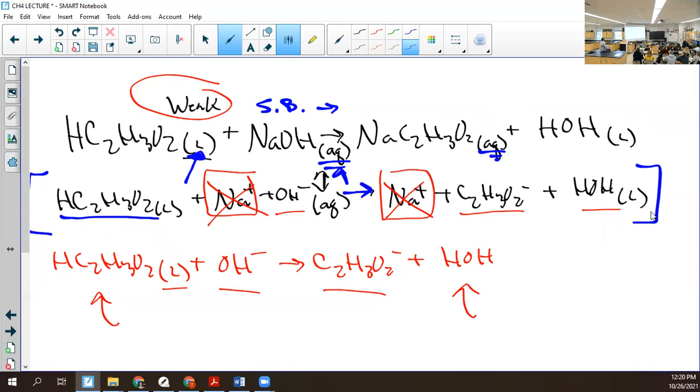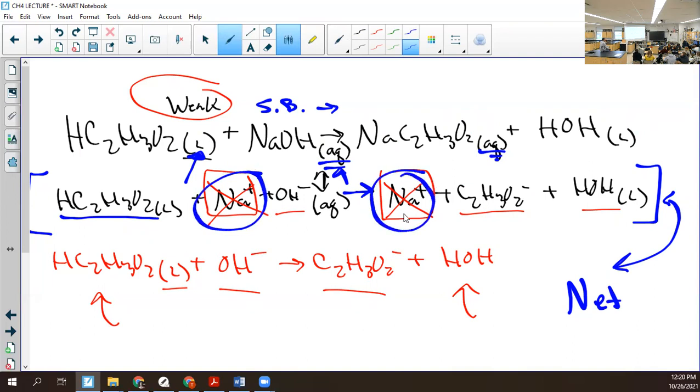Then to go from complete to net, you cross out anything that was exactly the same on both sides. And this time it was only the Na plus. Because the acetate on one side of the arrow is an ion, but the acetate on the other one is part of a weak acid.